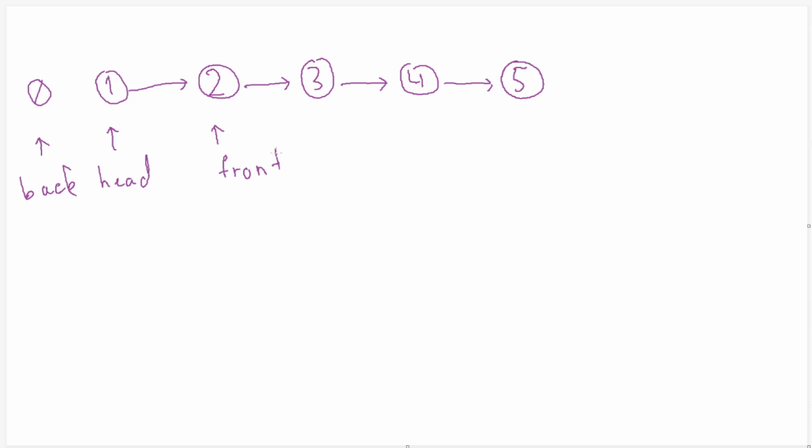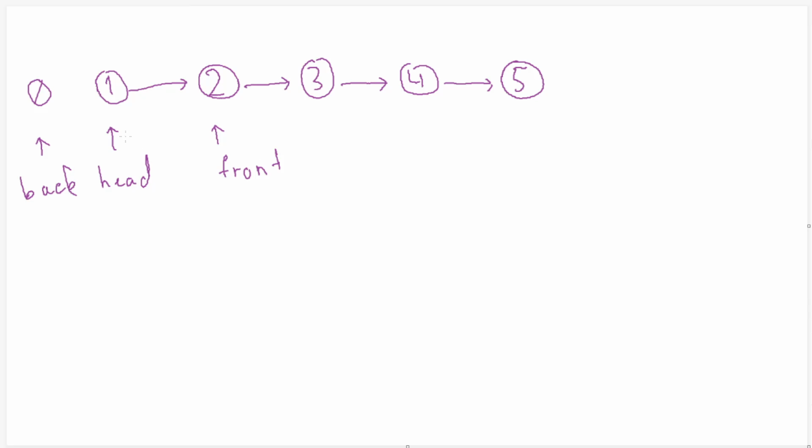Okay. So if we think about what needs to be done, we're actually going to start off like this. Front's going to point here, and then we're going to move the front pointer on to head's next, right there.